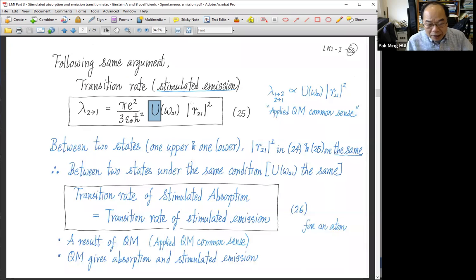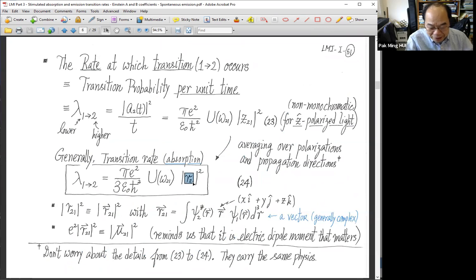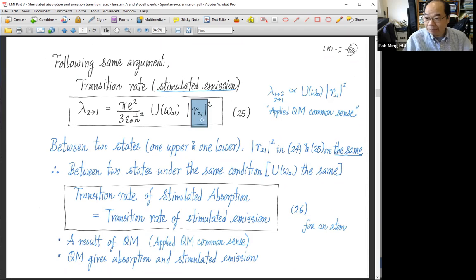And also there's the same integral, but with initial and final interchanged, 1 and 2 interchanged, because in emission, you need the initial one to be higher than the final one. But since we are looking at the absolute value square of this integral, R21, this one will be the same as this integral square.